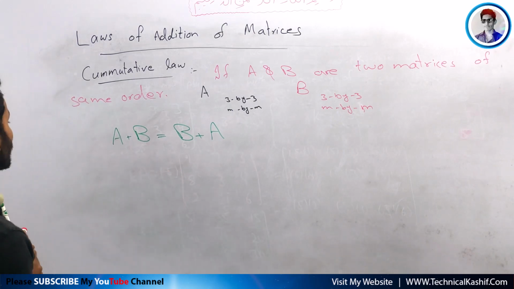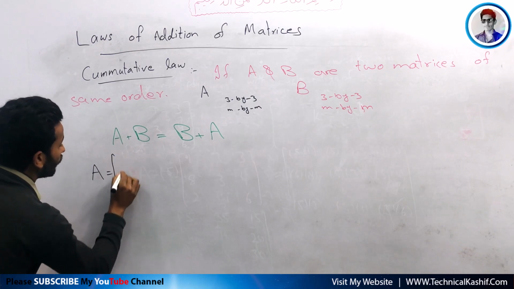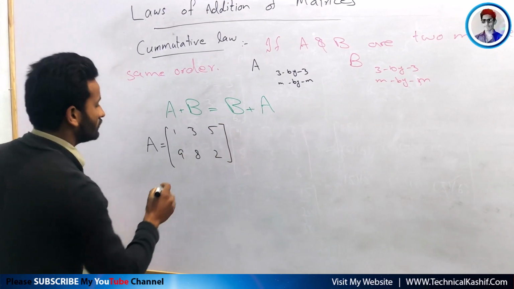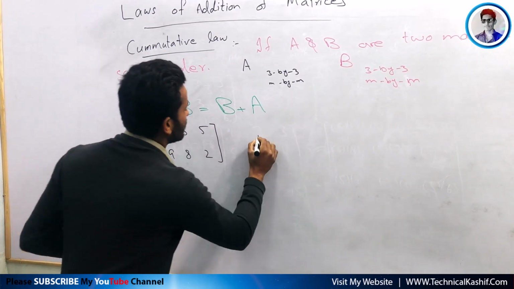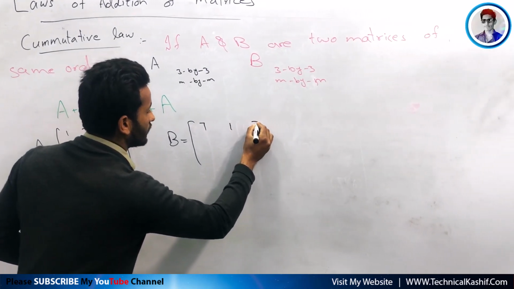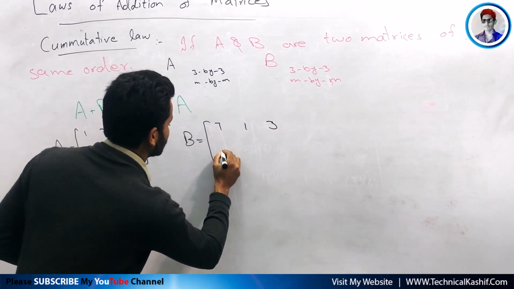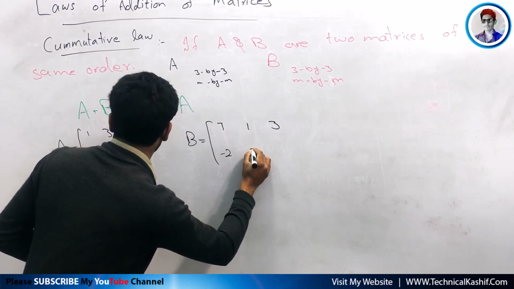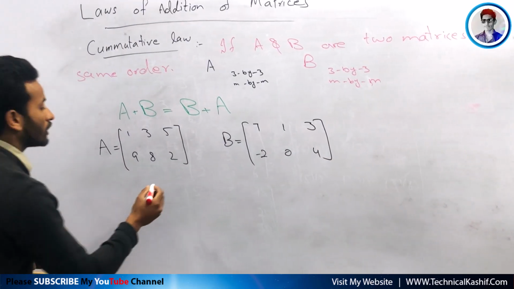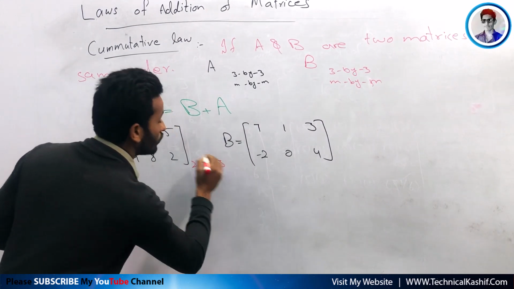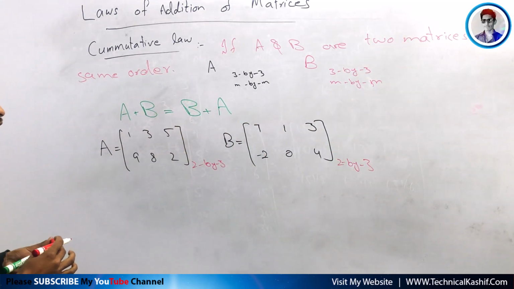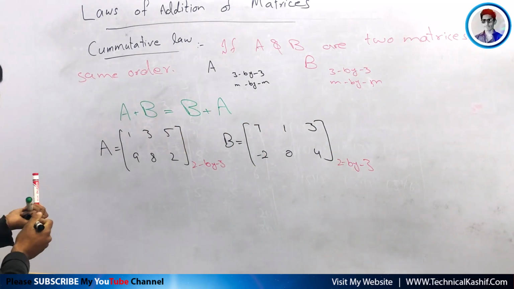For example, suppose A is equal to [1, 3, 5; 9, 8, 2] and B is equal to [7, 1, 3; -2, 0, 4]. Both have order 2 by 3, two rows and three columns, so they have the same order. We have to find A plus B and then B plus A.